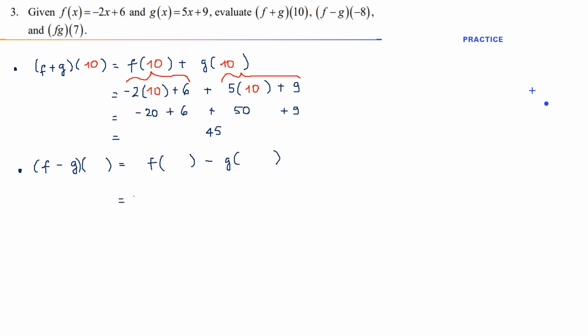That equals -2x plus 6 minus, making sure to put g of x inside the bracket so we don't forget to distribute the negative in front of it. Okay, that will be 5x plus 9, close the bracket, and plug x equals -8 in.